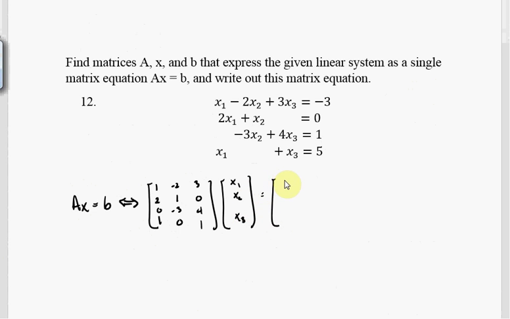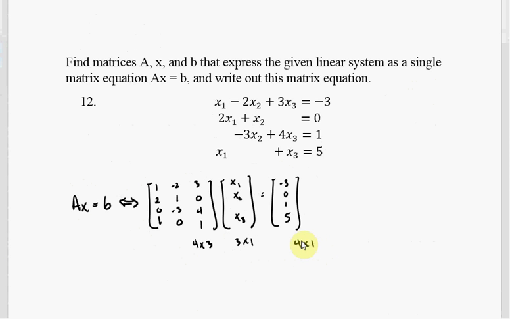And that's equal to B, which is negative 3, 0, 1, and 5. Let's see if that makes sense. This is a 4 by 3. This is a 3 by 1, so the result is a 4 by 1. That makes sense.